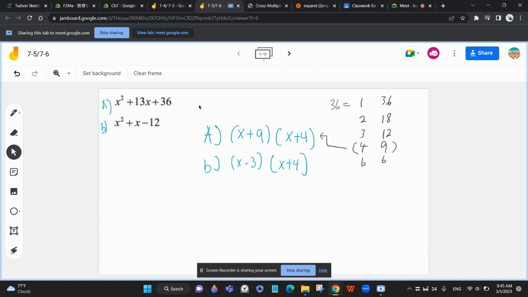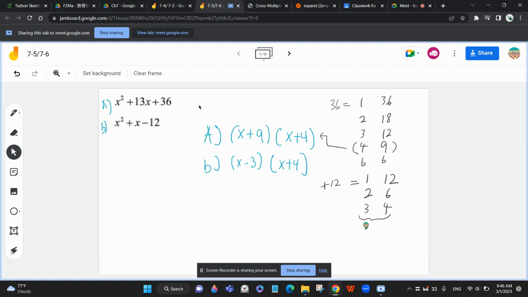While the same thing goes for the negative 12. The negative 12 you can factor out. Yeah, so let's just factor out the positive 12, 3 and 4. And for the difference to be 1, you need to put one negative on. You need the difference of 3 and 4.